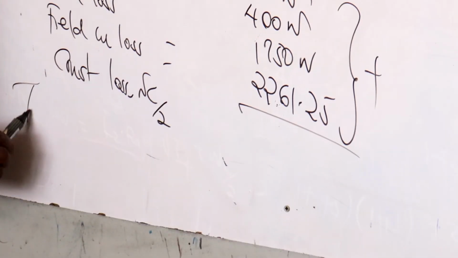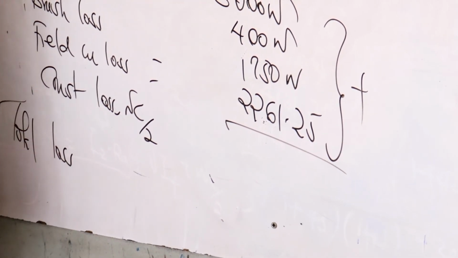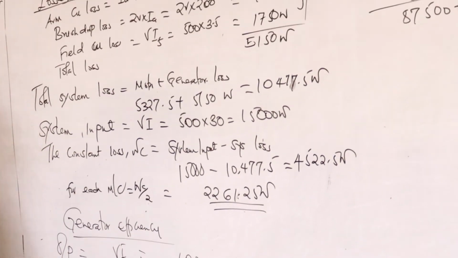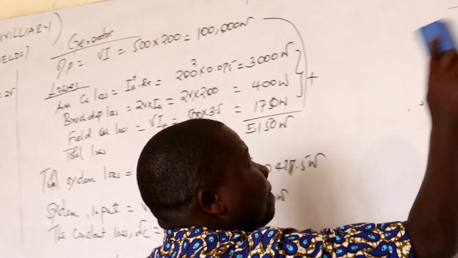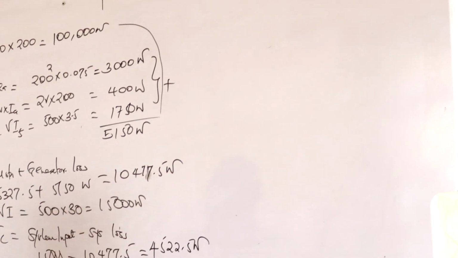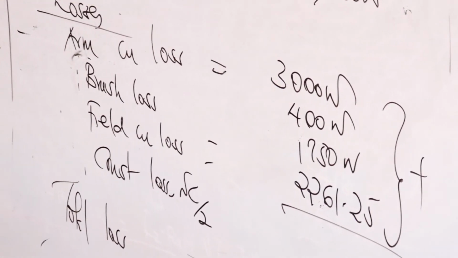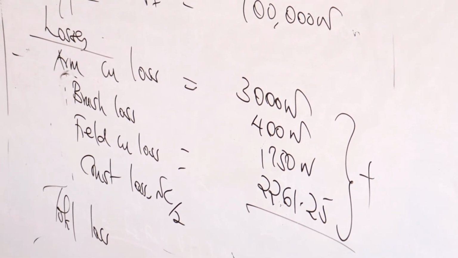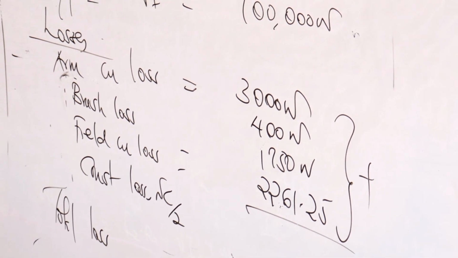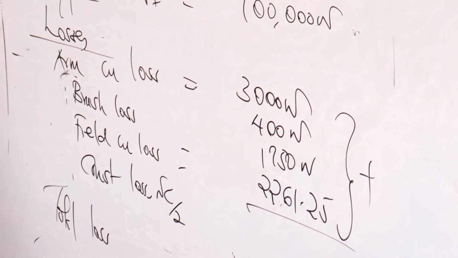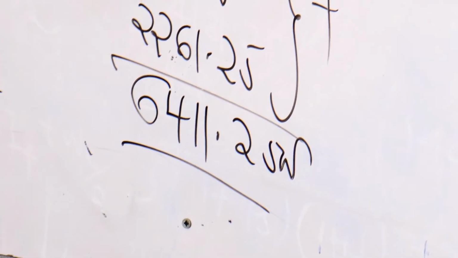Total loss: add all this. What do you get? 6411.25.